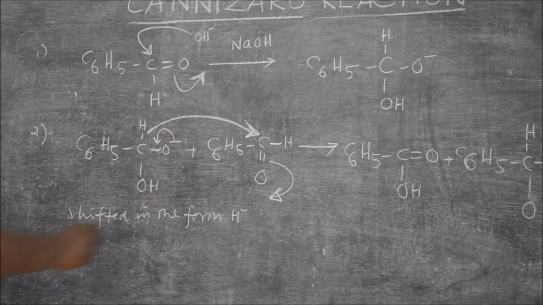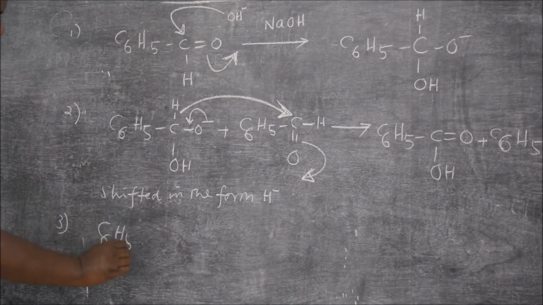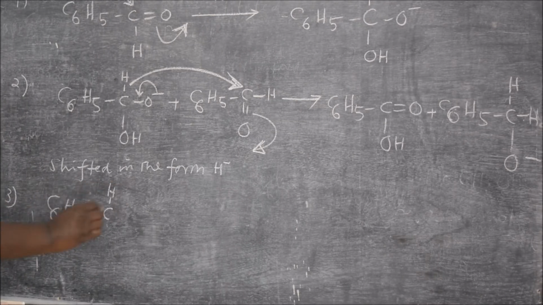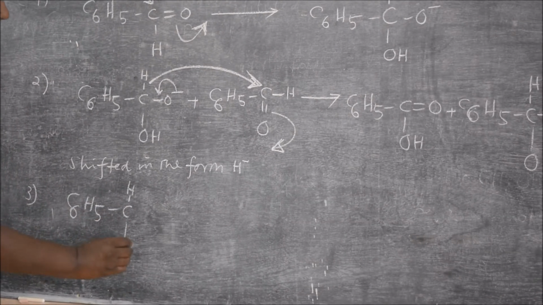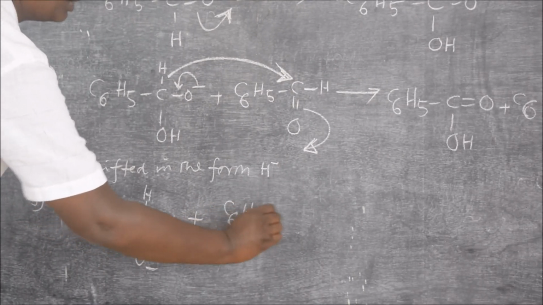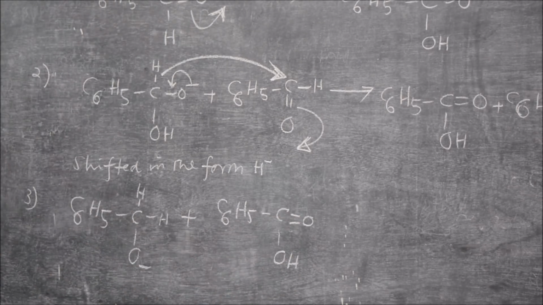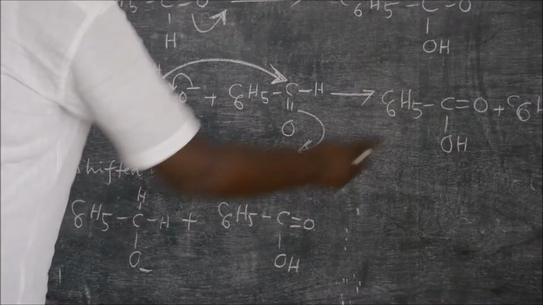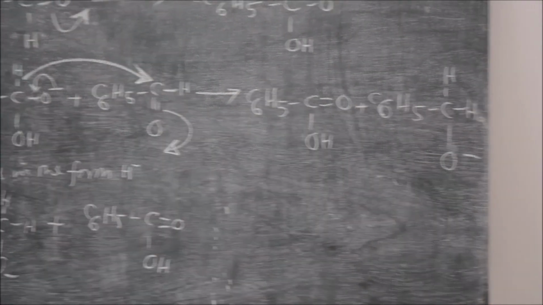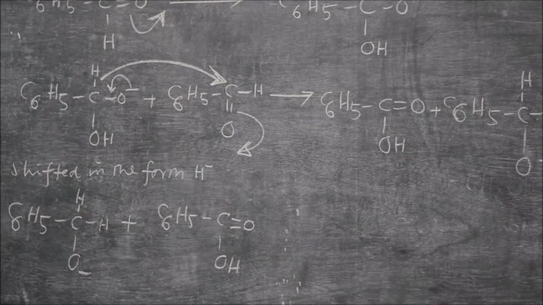Write both the products on the reactant side in the third step: C6H5CH2O minus and C6H5C double bond O, OH. This is written as the second reactant and this is written as the first reactant. Simply these two are taken on the reactant side.